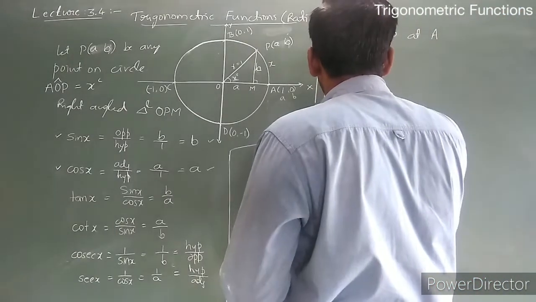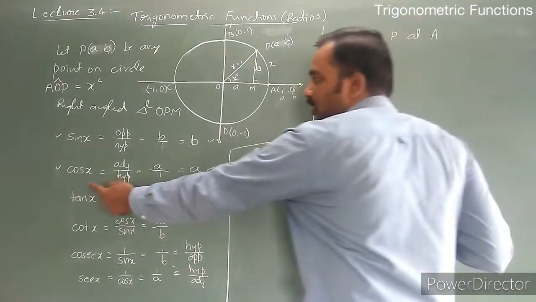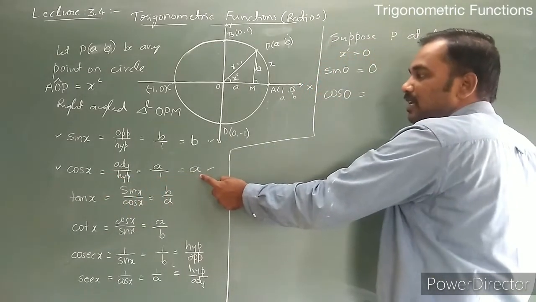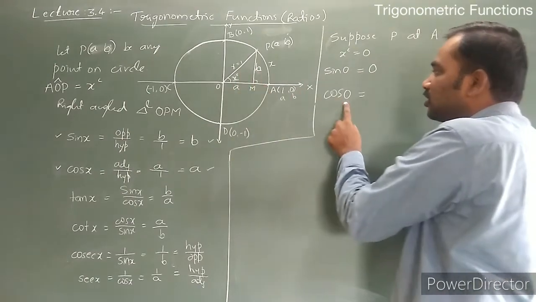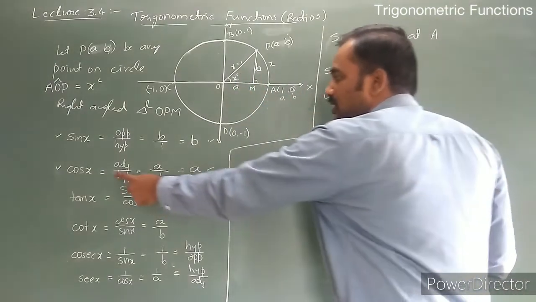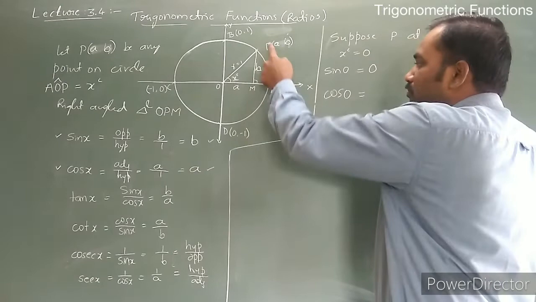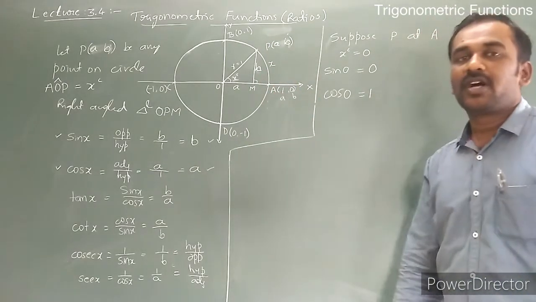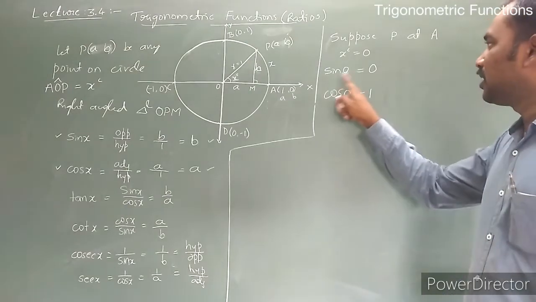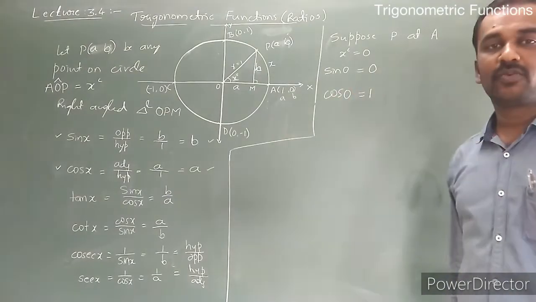Cos of 0. Cos of x is equal to how much? A is that. X is nothing but the central angle. What is the central angle? 0. Then what is the A value? P point lies here. A value is how much? 1. Therefore, cos of 0 is 1. Sin 0 is 0. Cos 0 is 1.